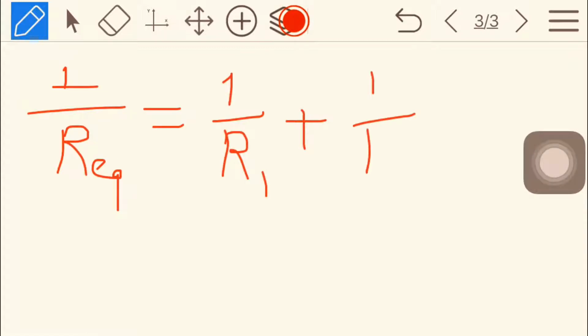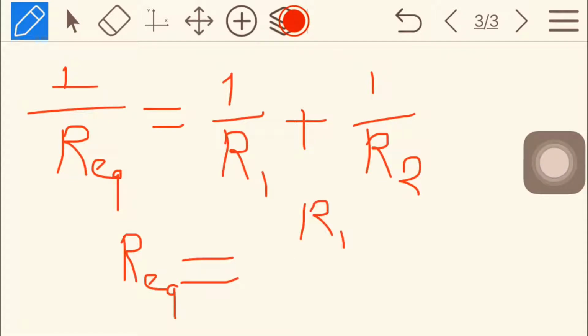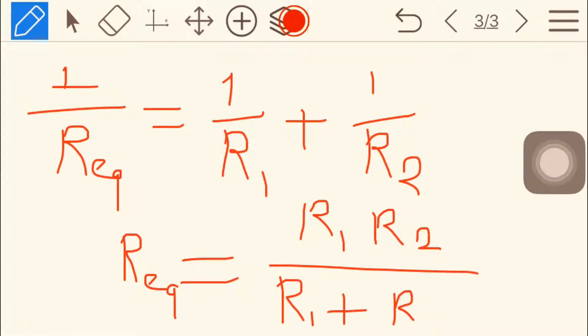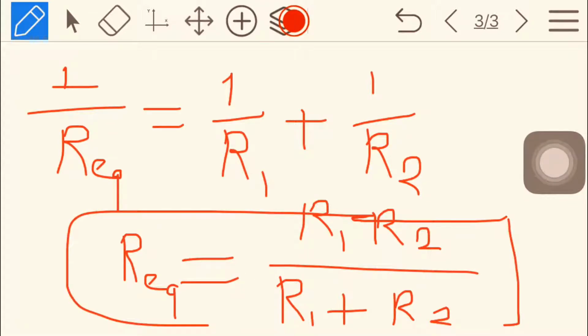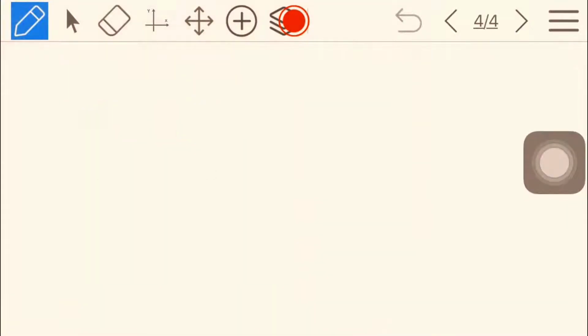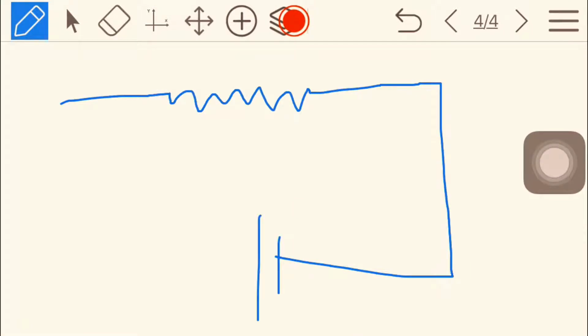V cancels out. So 1 by Req is equal to 1 by R1 plus 1 by R2. And finally, the equivalent resistance Req is equal to R1 R2 by R1 plus R2. This gives the equivalent resistance of R1 and R2 combined in parallel combination.